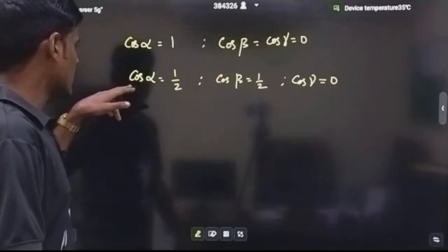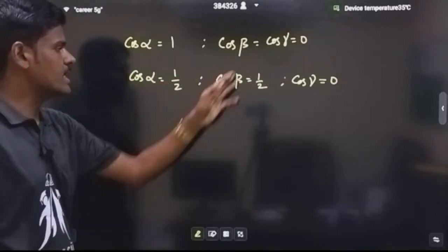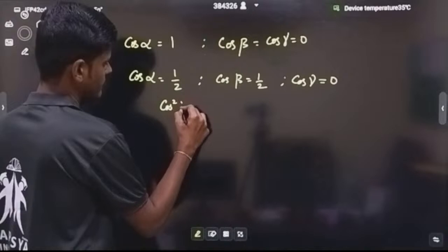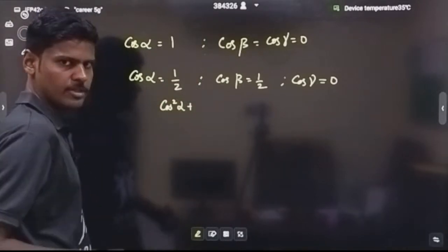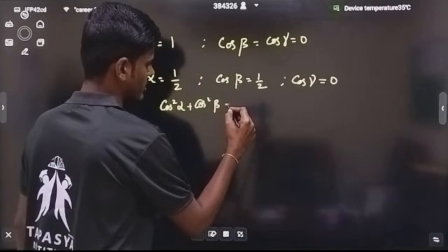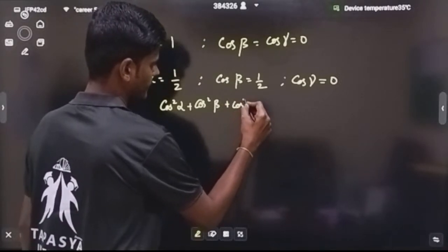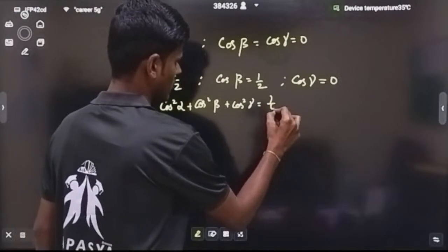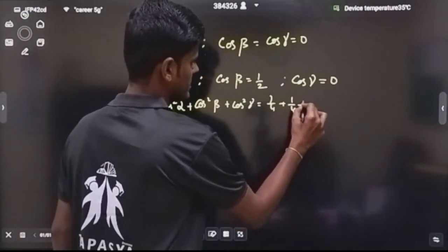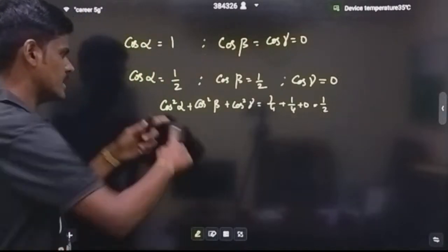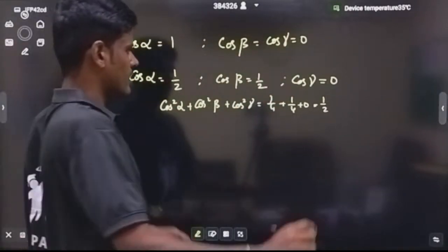Because cos square alpha plus cos square beta plus cos square gamma will be 1 by 4 plus 1 by 4 plus 0, that is nothing but 1 by 2. So this vector does not exist.